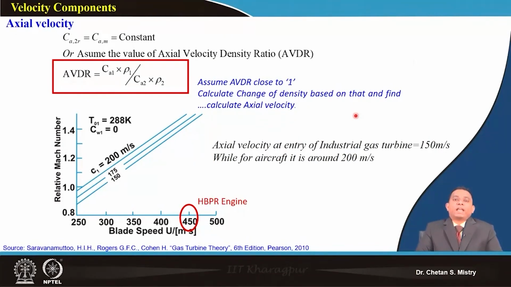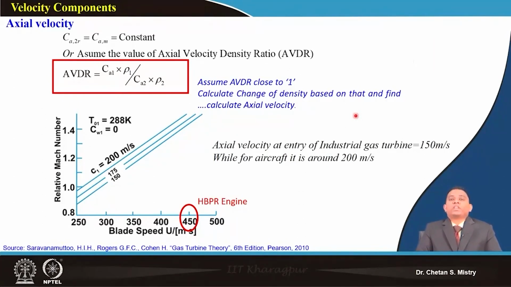In some designs, rather than selecting axial velocity alone, people select the axial velocity density ratio. That is nothing but the ratio of entry axial velocity and entry density to exit axial velocity and exit density.